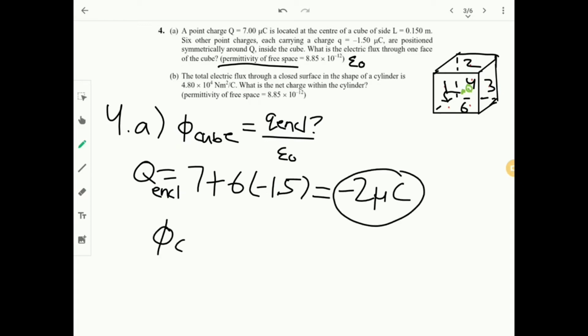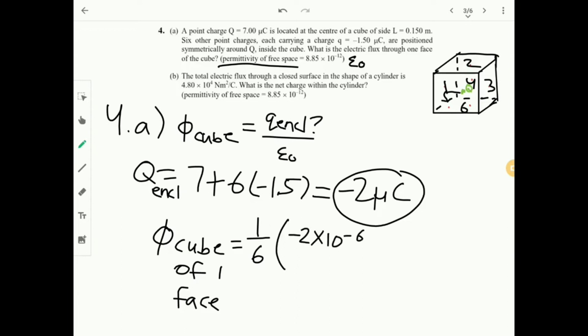Now, to find the electric flux through one face of the cube, how many faces do we have in a cube? Isn't it 6? So shouldn't it be 1/6 of the initial flux? Yes, right? Now since we have minus 2, it's minus 2 times 10 to the minus 6. Always use the correct SI units.